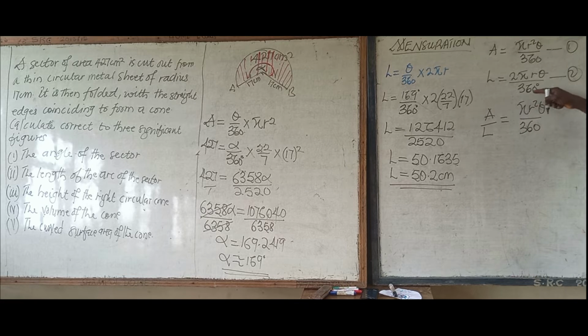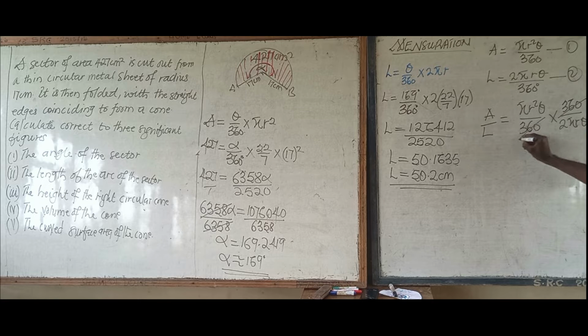Since I am dividing, this one will go up, so times 360 over 2 pi r theta.